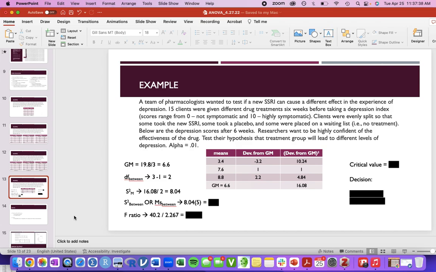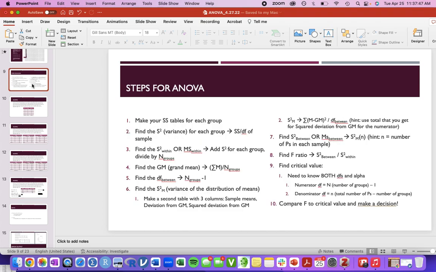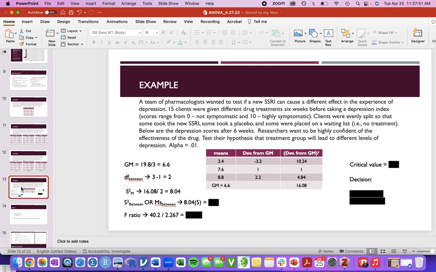So then what we do is we find our variance between. Sorry, I had a brain fart. All we have to do is multiply this number over here by the number of people in each group. So not the total number of people in the whole study, but in each group there are 5 people.